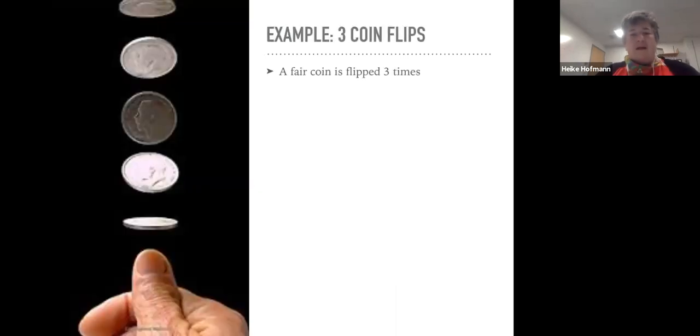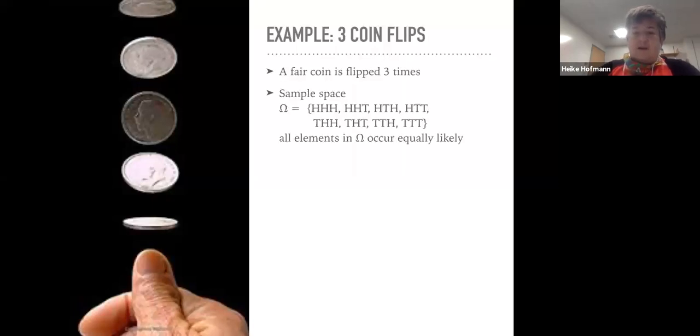Let's have a look at an example. Let's assume that we're flipping a fair coin 3 times. So we've got possible outcomes as head, head, head; head, head, tail; head, tail, head. Overall, we've got 8 outcomes that are all equally likely because the coin is fair.